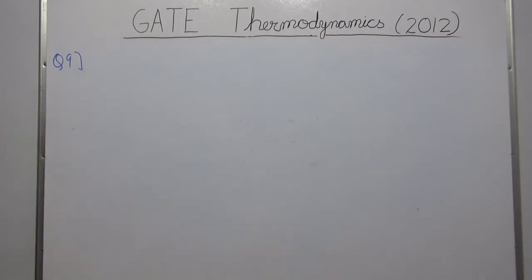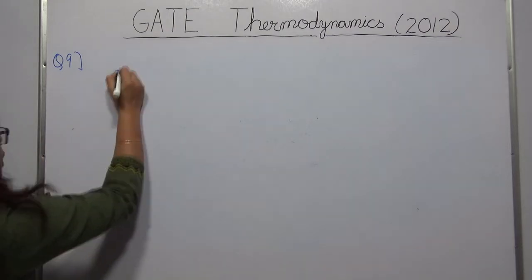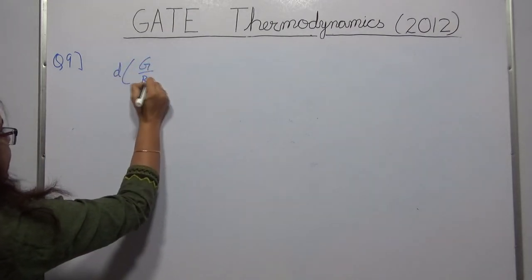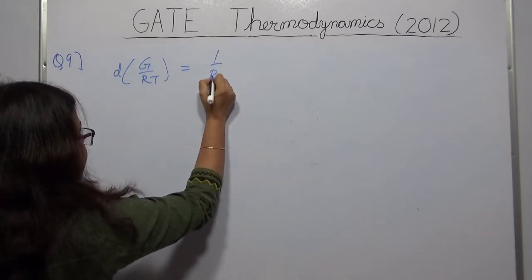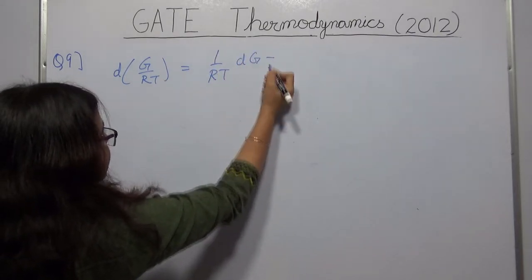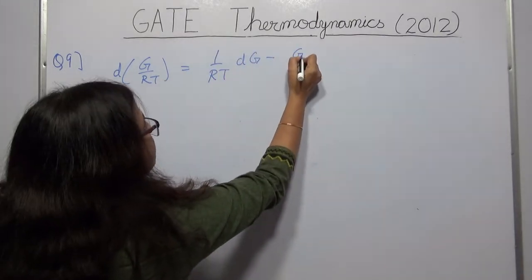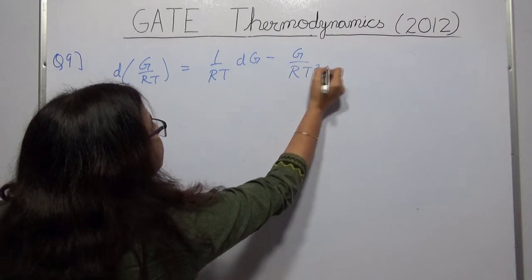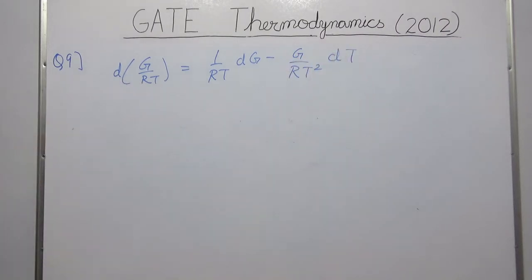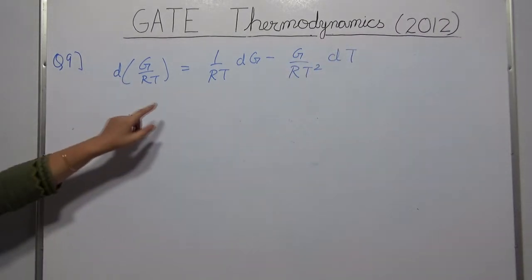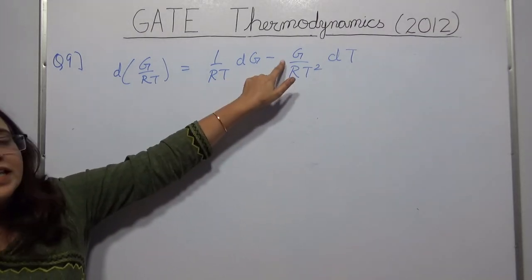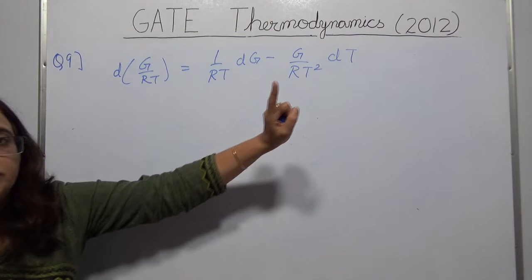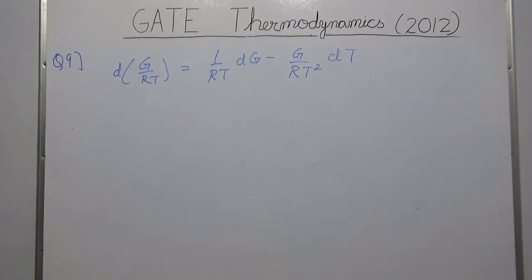To start with, I am going to write one equation which is a very general form. I will write d(G/RT) equal to 1 upon RT dG minus G upon RT square dT. What I am doing basically here is keeping T constant and taking the derivative of G, then keeping G constant and taking the derivative of T. So this is a very general equation.